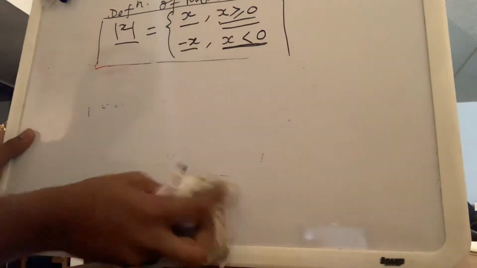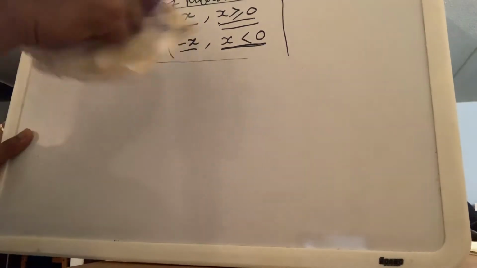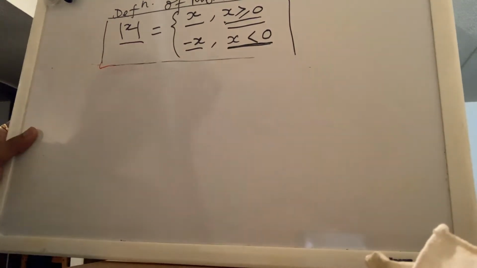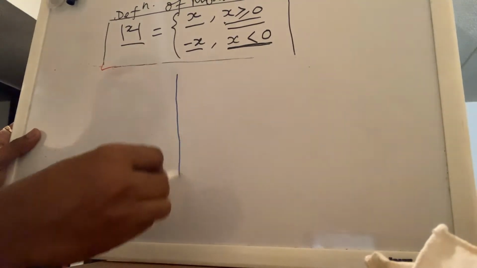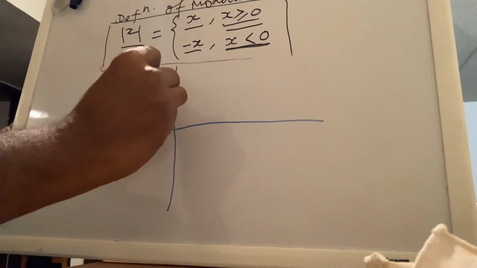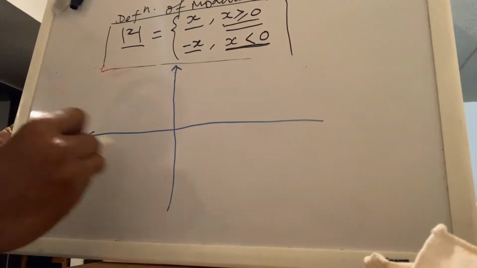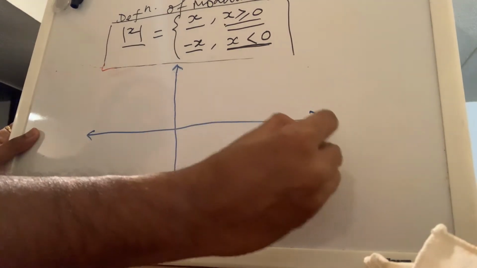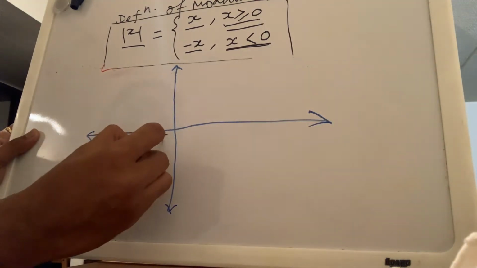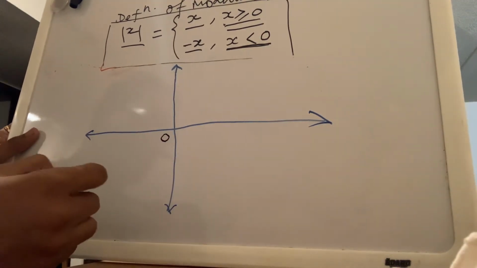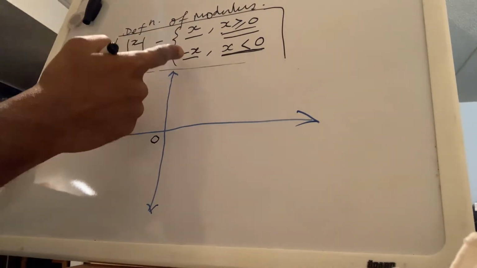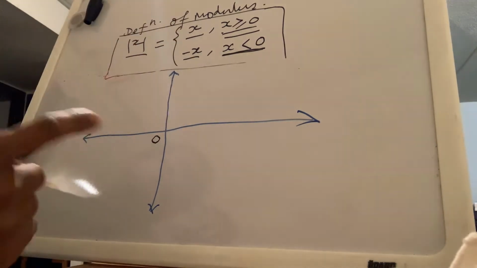Now, let us plot this. When we understand that, let us plot this. So again, two vertical lines. This is 0. I told you in my previous class that x can assume any values.